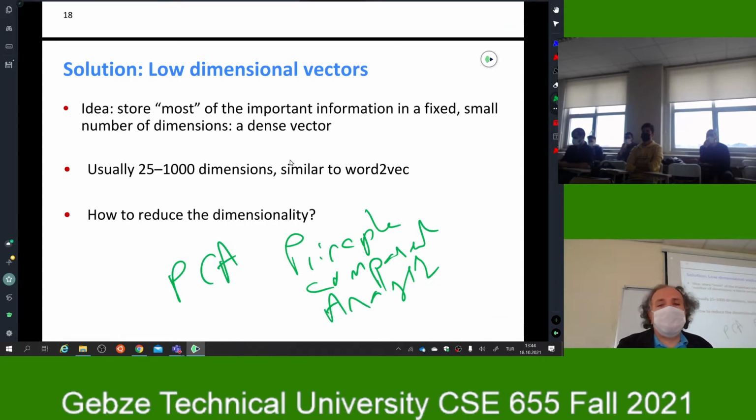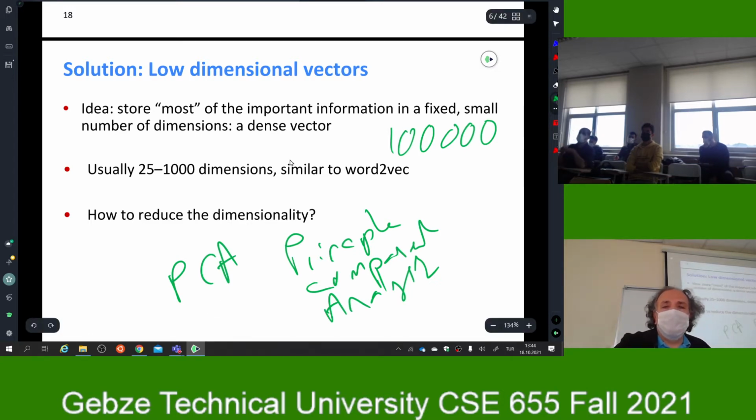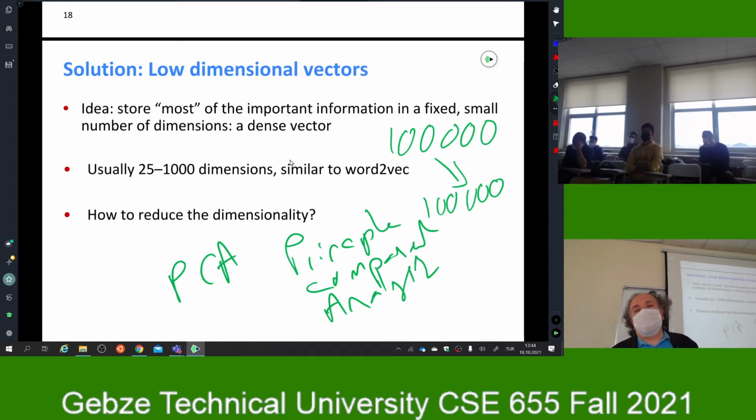Okay, this principal component analysis: if you have a 100,000 dimensional space, with many data points represented in that space, and you do this analysis, you will transform your space into another 100,000 dimensional space. So I didn't gain anything yet.